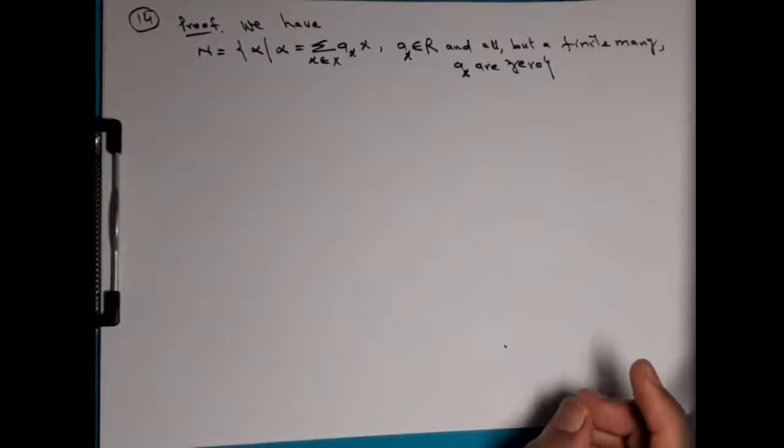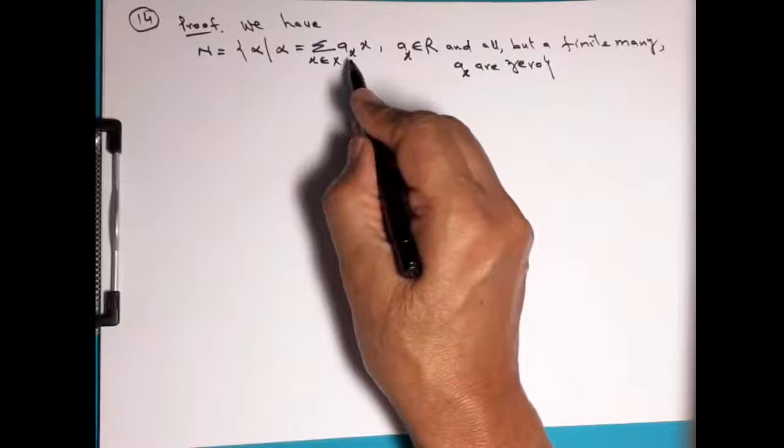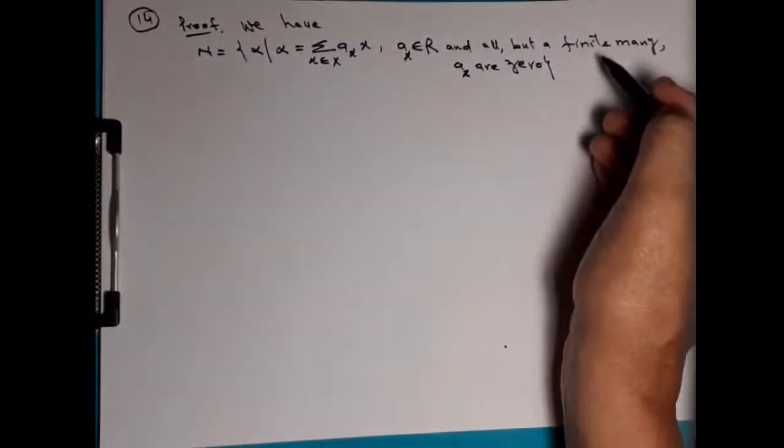This is a very important sentence which we use in mathematics. All but finitely many a_x are 0, which means that only finitely many scalars are non-zero. All the other values of a_x are 0. So this is N.